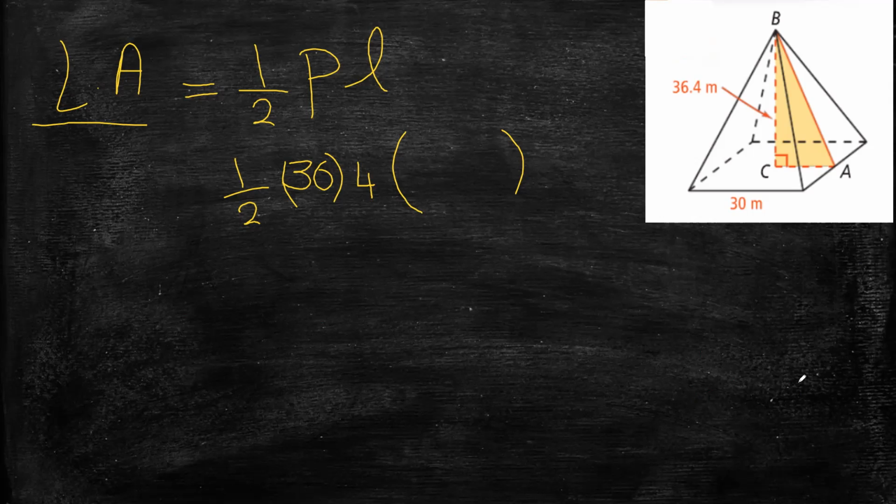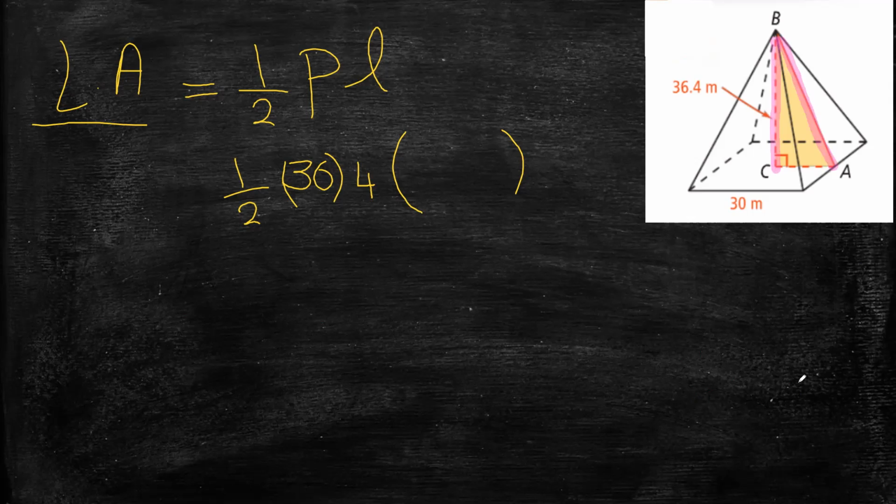Here now we have this height, but I don't need it. I need the lateral height, or we call it the slant height.